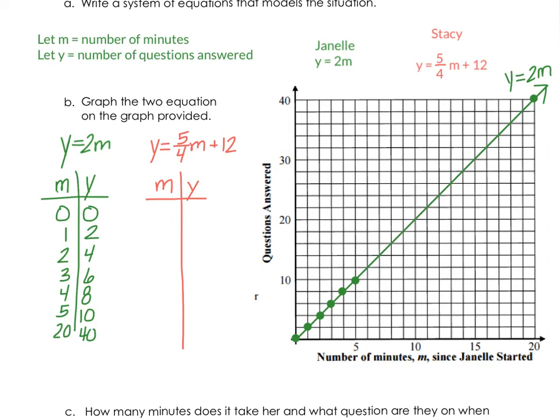So when I look at my table, the first point I see is 0 is at 12, and that was my y-intercept. And then I'm going to look for some nice points that I can graph. So I see 4 is at 17. And then when I keep looking, I have 8 is at 22.